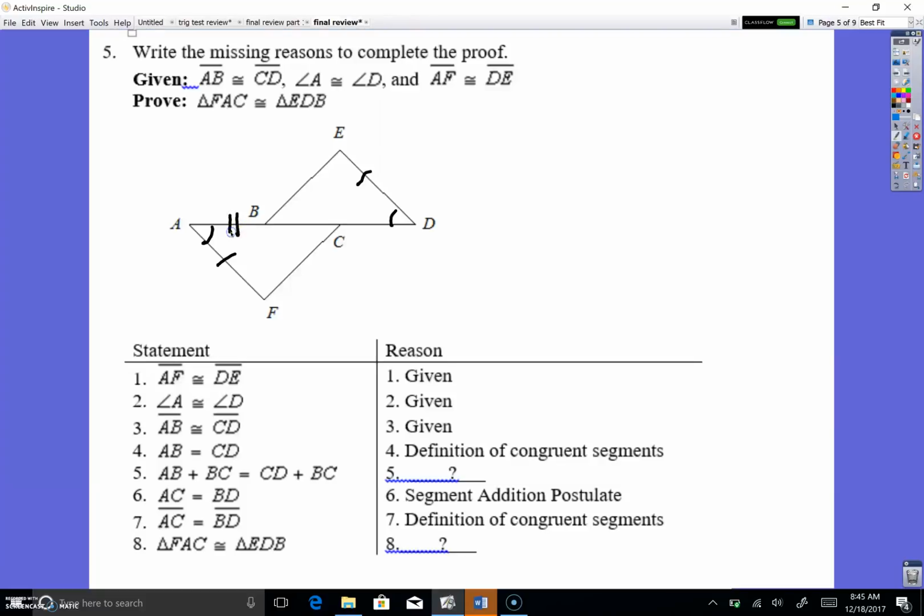So this one is congruent to this one. AB is equal to CD, definition of congruent segments. AB plus BC is equal to CD plus BC.